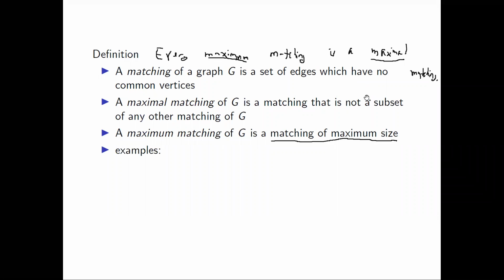And I thought it would be good to look at a few examples. So let's consider the first example. We've seen this one a bunch before, the star graph. I'll put this up top.